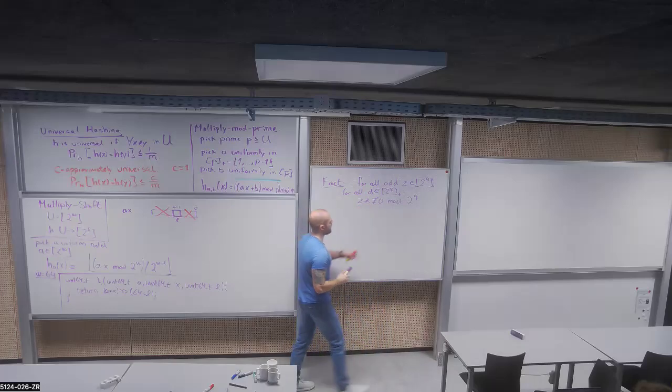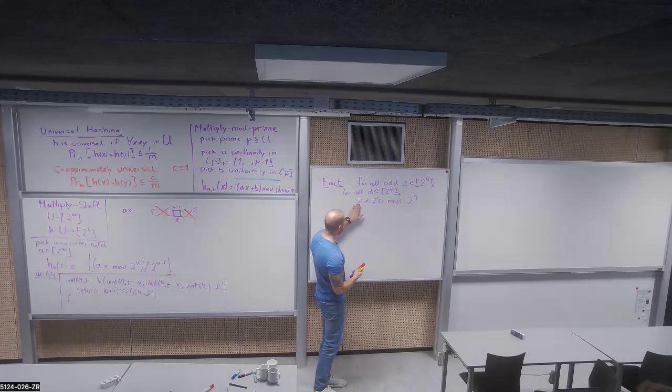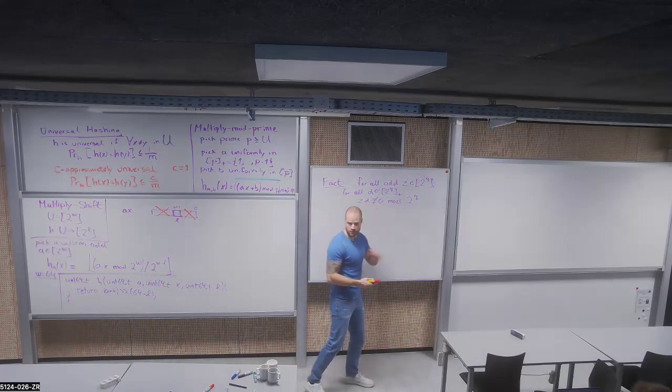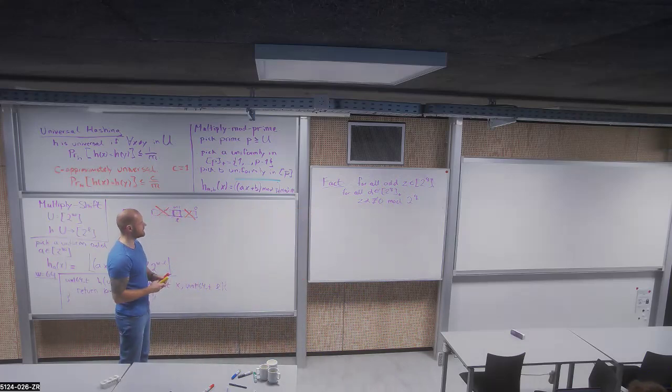So it's something with the powers of 2 being relatively prime to odd numbers. That's the fact about these numbers. Basically, if I have an odd number, I cannot multiply it with something non-zero and get 0 when I'm doing modulo a power of 2. That's the property we need.